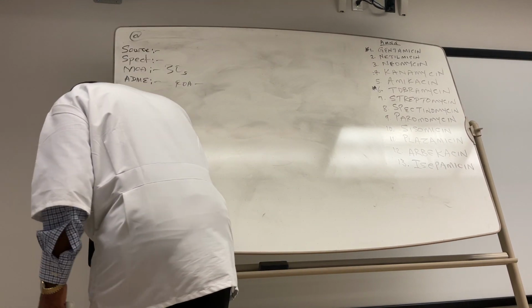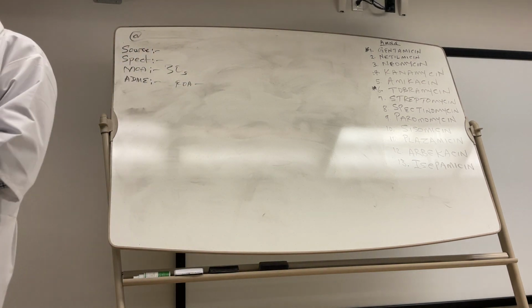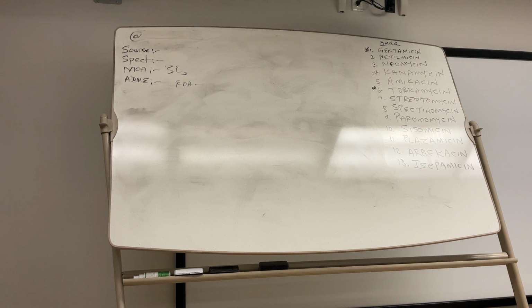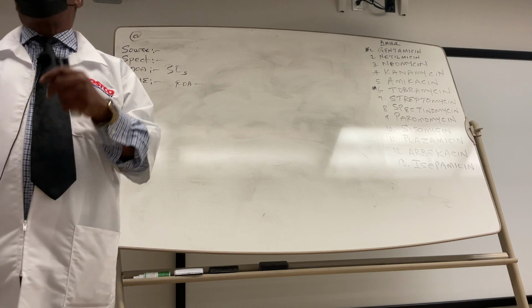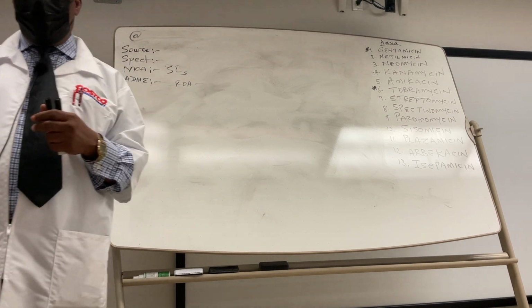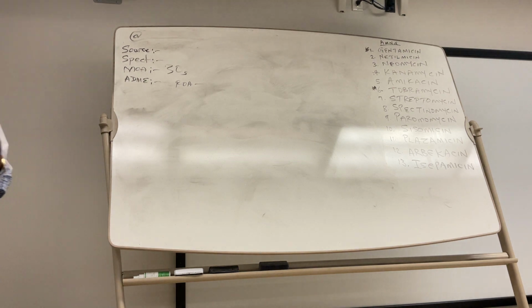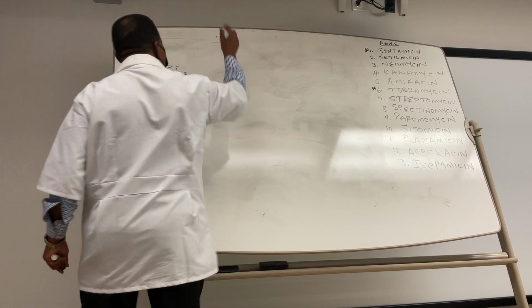But even with that high polarity, it still crosses the placental barrier. So it can actually get across the placenta. And that's one of the reasons why your aminoglycosides are classified as category D when you're talking about pregnancy. Okay. D as in David.